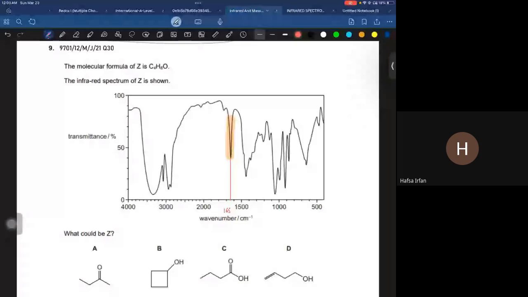Okay, so basically, first of all, I would see this 1650. Okay, and we have this peak, and this peak.